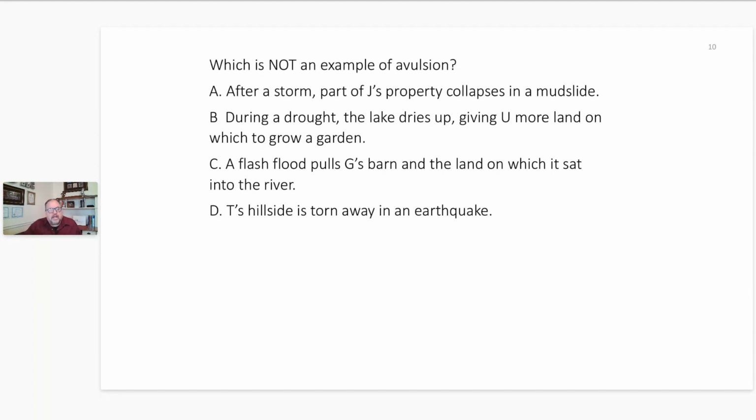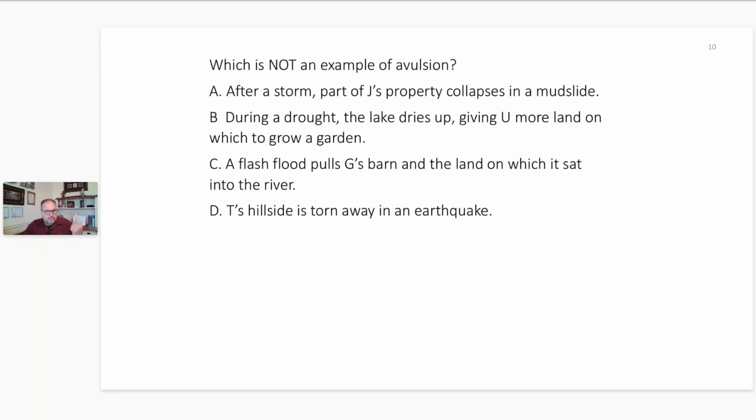I know about erosion, I know about accretion, alluvion, reliction. Avulsion is natural disasters, hurricanes, high winds that move. So I'm looking for something dealing with high winds. I've got three answers that are examples of catastrophes, and one of them is not going to fit that. And then I'll go through my answer selection.